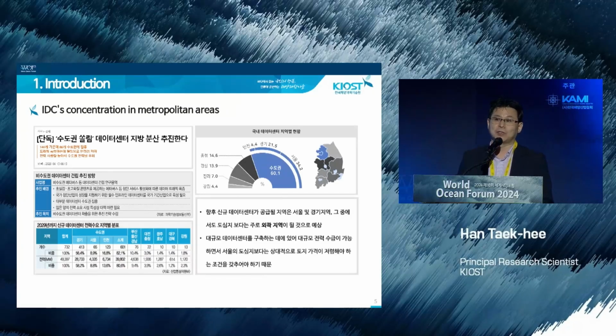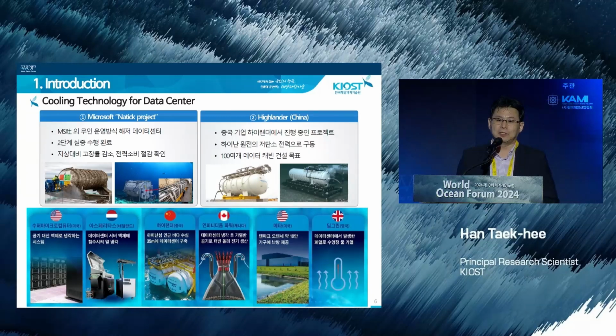So there will be a concentration of power and excessive loading of energy. So people sometimes talk about distributing the data centers to local regions.